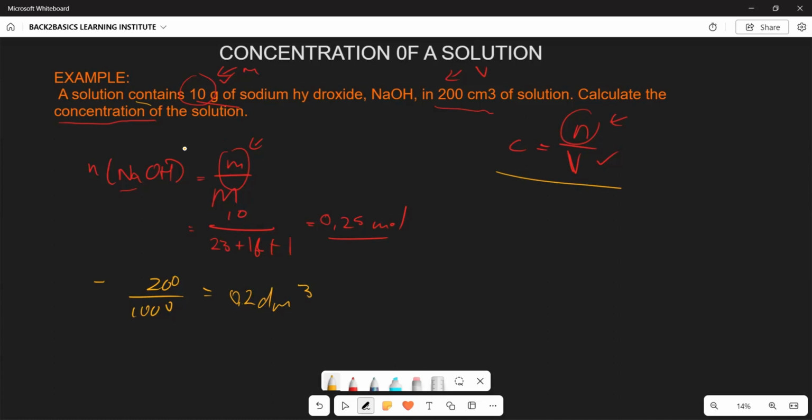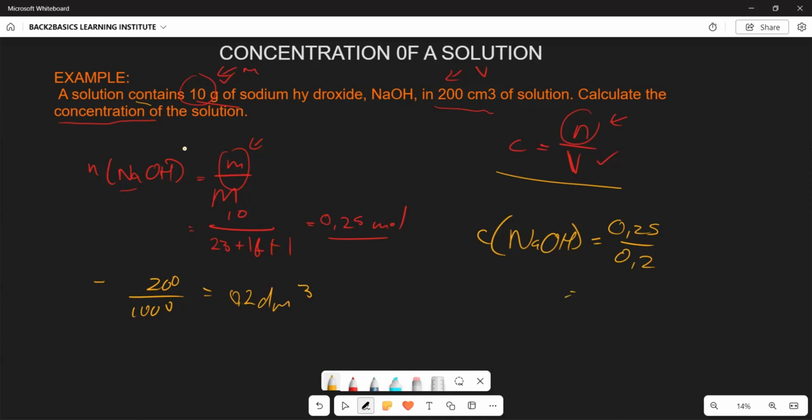Now that we have the volume, we come back to this formula and say your concentration of NaOH is given by the number of moles, 0.25, over the volume that it occupies, which is 0.2.